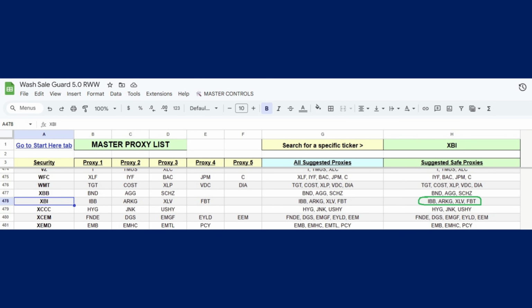Why doesn't he realize a short-term capital loss in XBI and replace it with something like IBB? Because even though it's a biotech ETF, it has a different factor approach, investment style. It's not exactly the same approach as XBI. And so he could use IBB, or another one that comes to mind is FBT, which is the ARCA Biotech Fund. He can use either one of those as proxies.